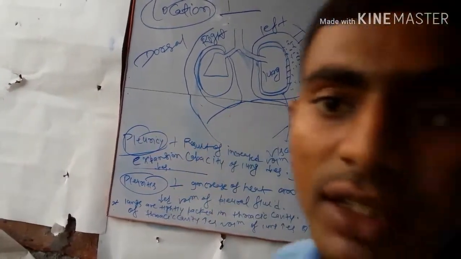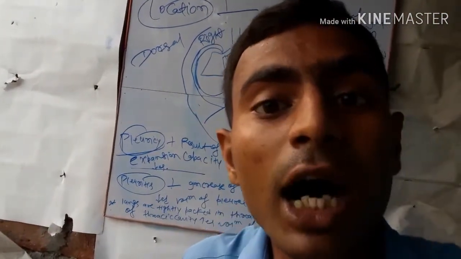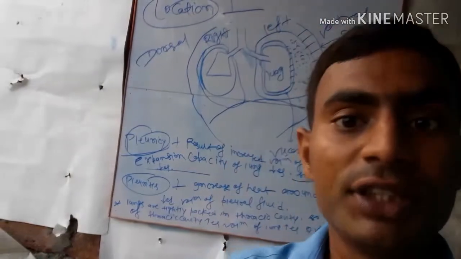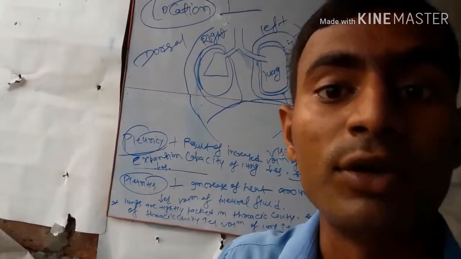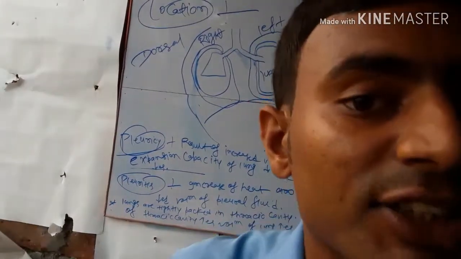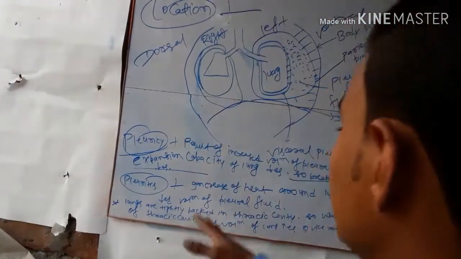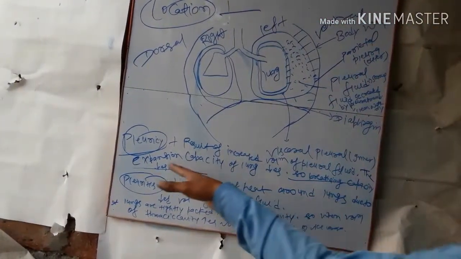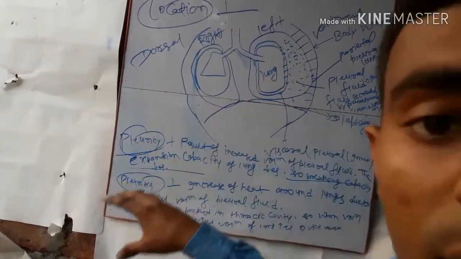In pleurisy, the volume of pleural fluid increases. Due to the increased volume of pleural fluid, the expansion capacity of the lung decreases, so breathing capacity decreases. This is pleurisy.